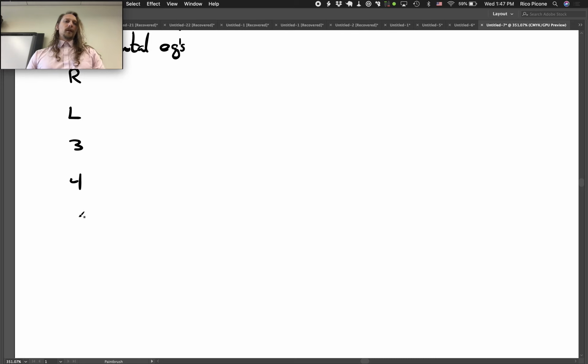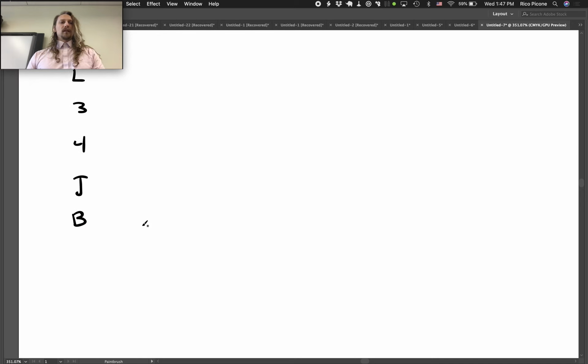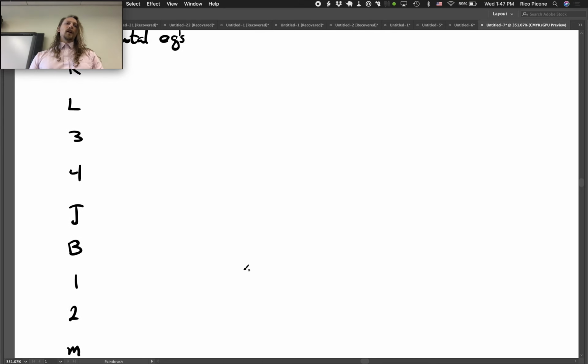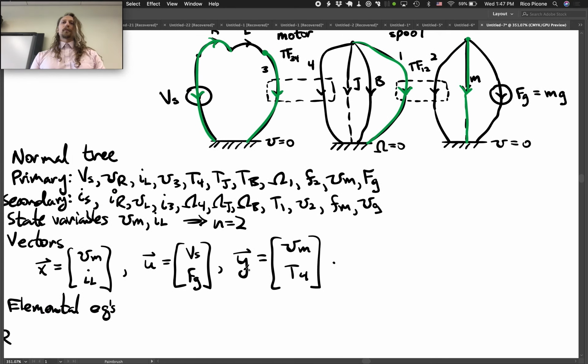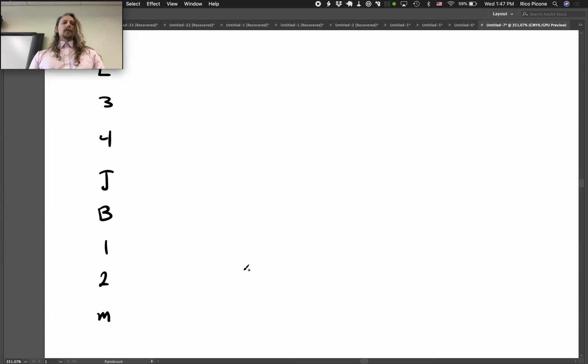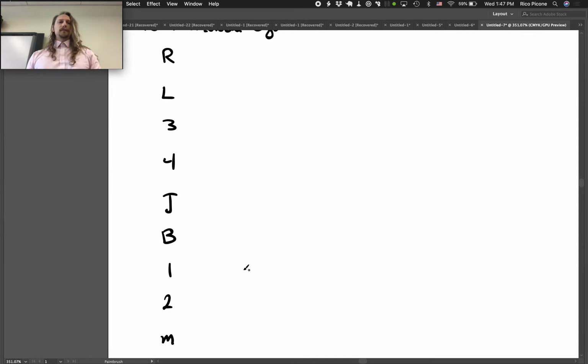Then it was J, B. And then it was 1, 2. And then it was M. No, that's a source. So these are all of our passive elements here.